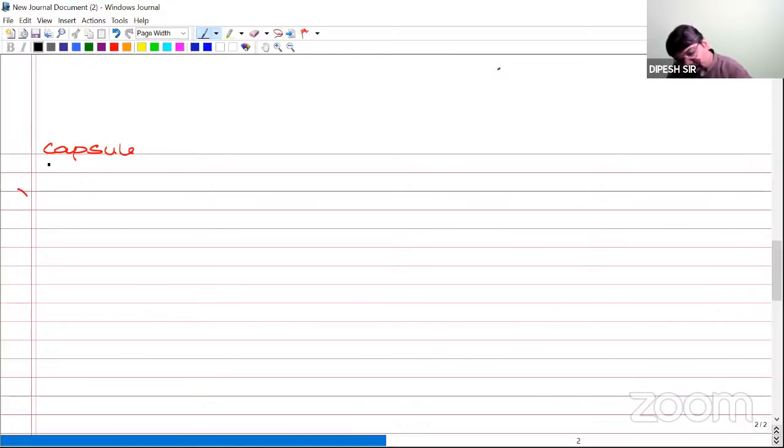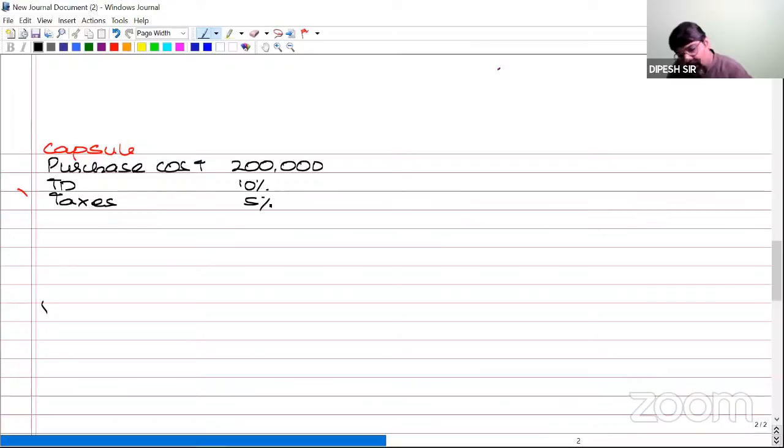Now, purchase cost 2 lakh. I hope you are writing. Trade discount 10%. Taxes 5%.